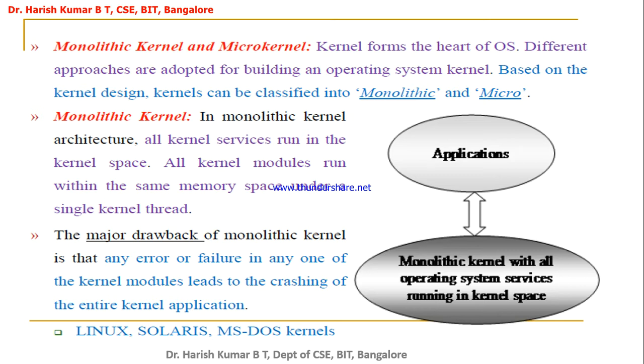The major drawback is that if some kernel module fails, there is the possibility of the entire kernel failing. Since you have made the entire kernel bulkier, if one of the modules inside the kernel fails for some reason, it will affect all the other modules of the kernel, and the entire kernel will be down.